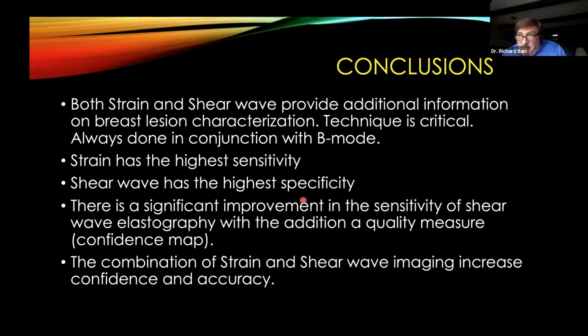For thyroid lesions, it's very difficult because the cutoff values seem to vary a lot between the different studies. Some people like to use the strain ratio of the lesion versus normal glandular tissue. A ratio above 2.5 is suggestive of a malignant lesion. We get beautiful images with both strain and shear wave of the thyroid, but I have had several papillary cancers that are very soft and are the same stiffness as glandular tissue.